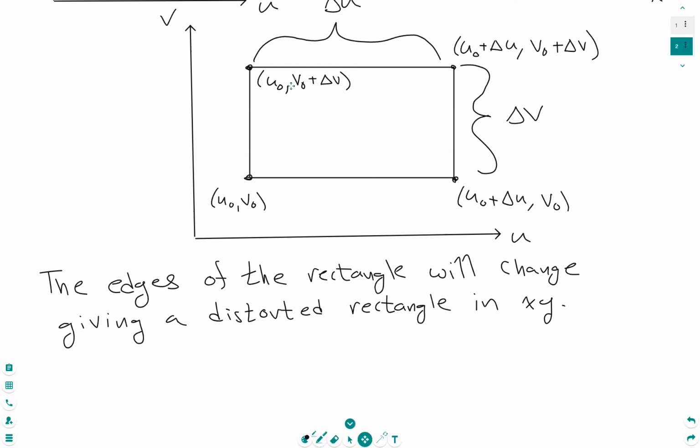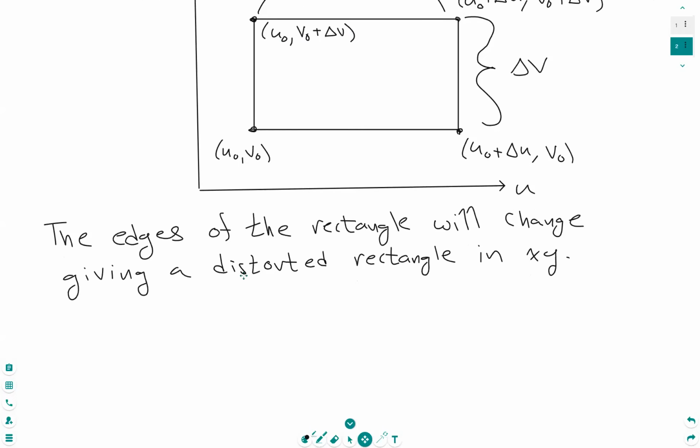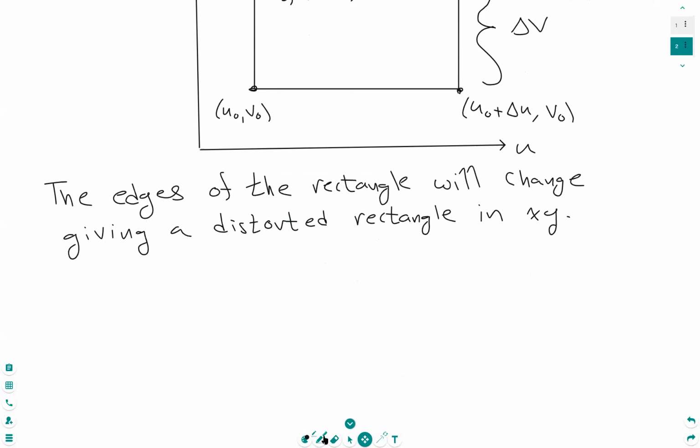Right? So maybe it's not so nice that this rectangle changes to another rectangle. It might be the case, but let's assume the worst and that it becomes a distorted rectangle.